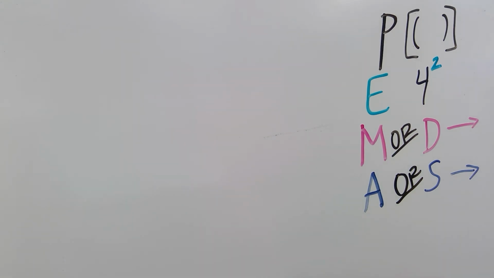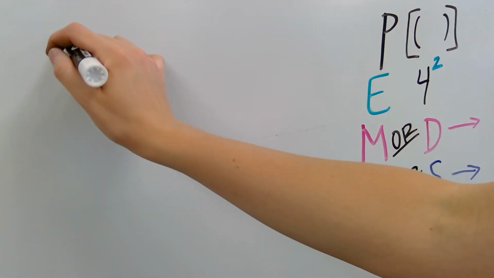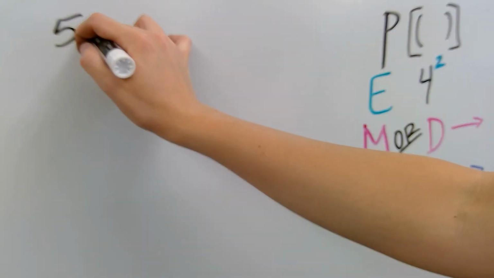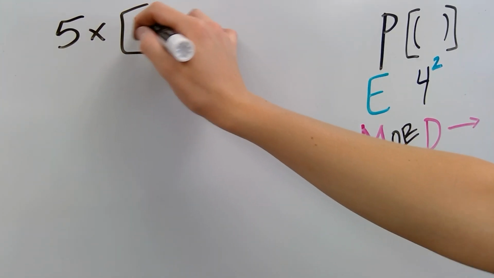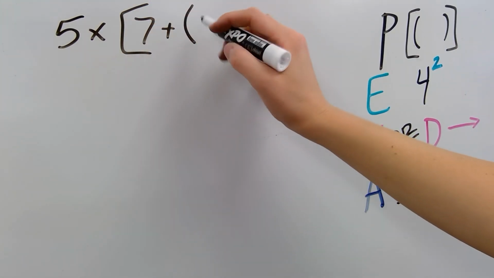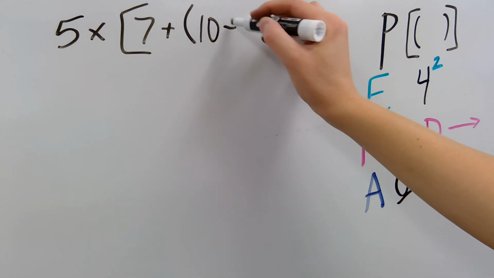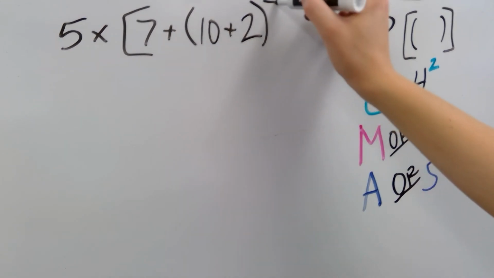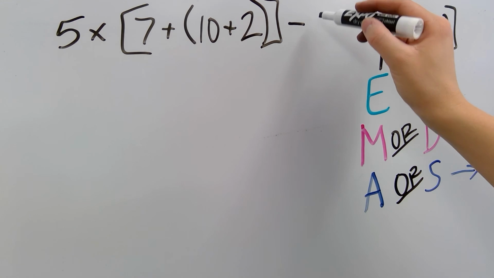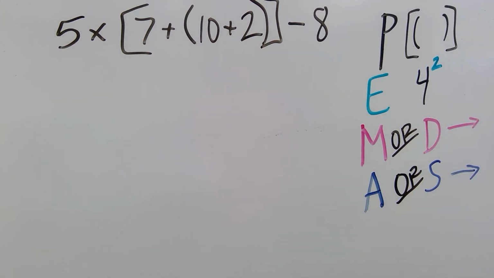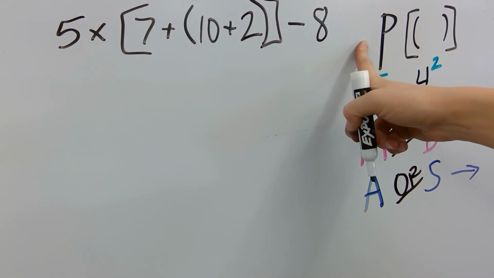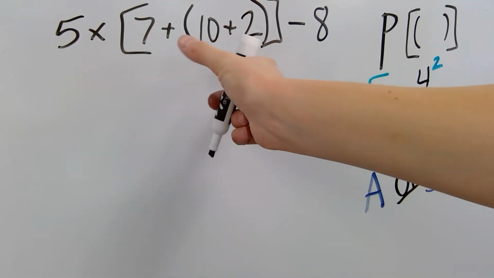Let's do one more problem. Okay, that's a long problem, but we'll do just fine. So we start with looking at our parentheses, and I work from the inside going out.